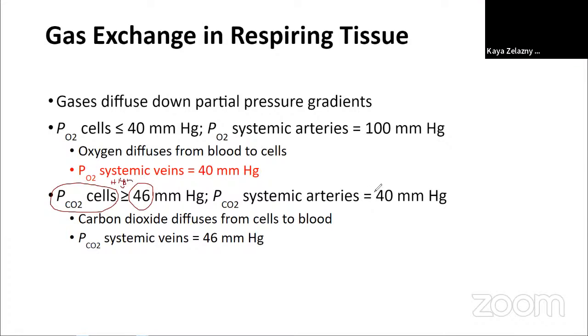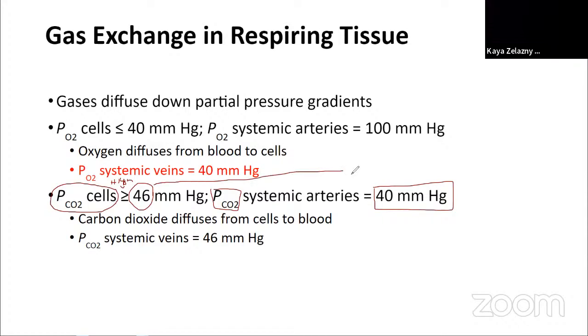Versus in our systemic arteries, so that's the blood coming to the tissue, we have a partial pressure of CO2 of 40. Okay. So as the capillaries move along next to the tissue, these are going to come to equilibrium, right? As we have carbon dioxide travel down its gradient.